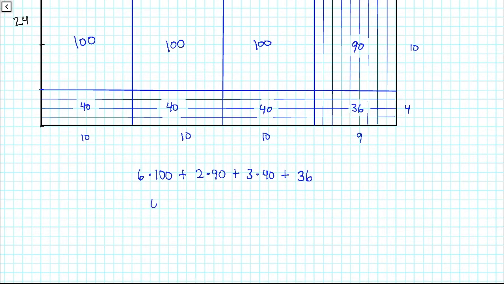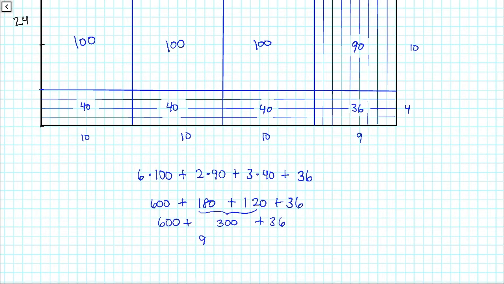So this is 600 plus 180 plus 120 plus 36. Let's see, I like the 80 plus 20 is 100 plus another 100 plus another 100, so this is 300. So this is 900 plus 36, 936.